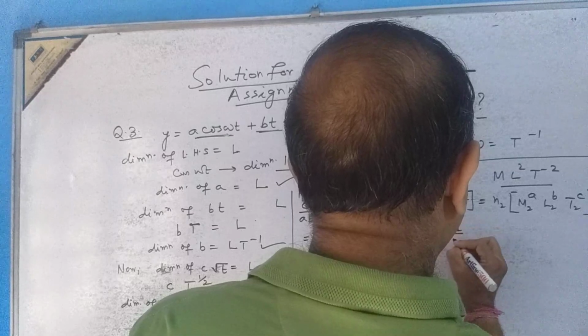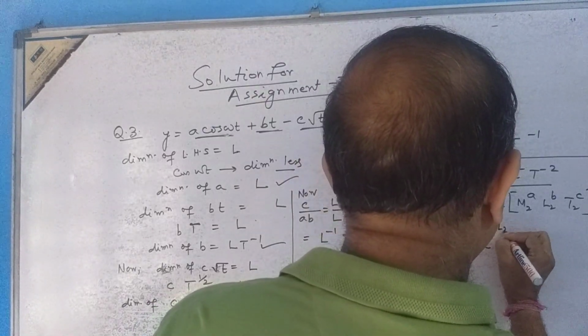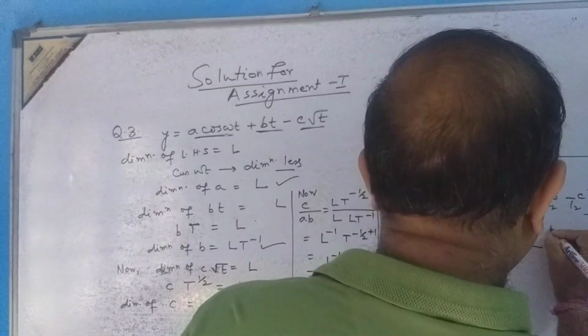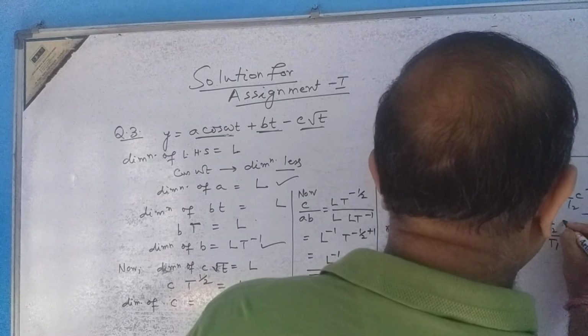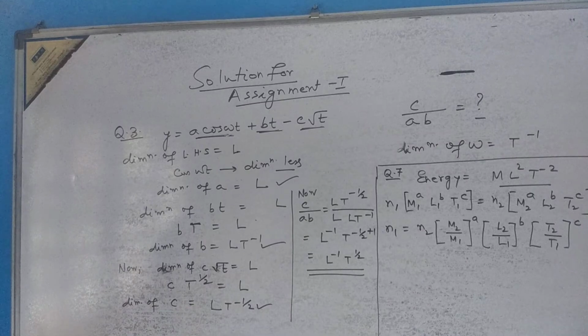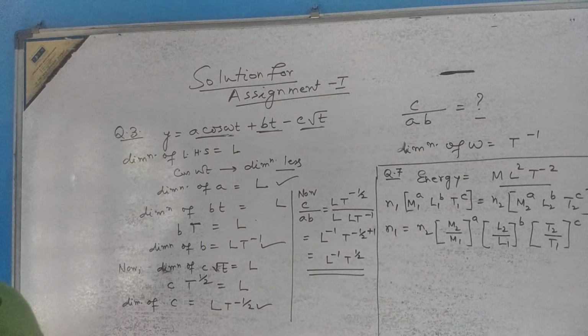Here M2 by M1 to the power a, L2 by L1 to the power b, and T2 by T1 to the power c. Can we write it like this? n2 into M2 by M1 to the power a, L2 by L1 to the power b, and T2 by T1 to the power c.